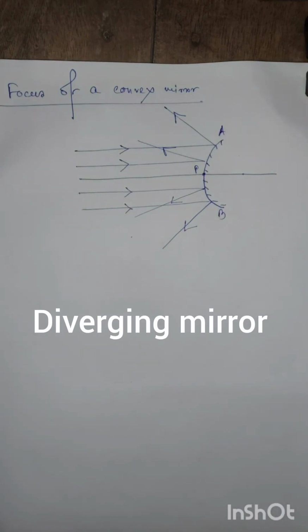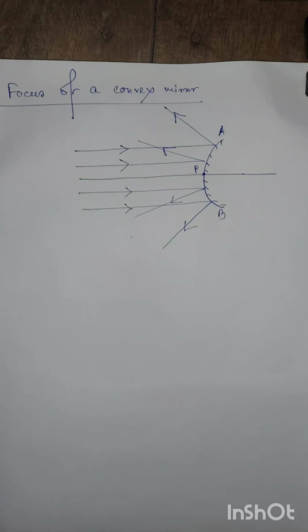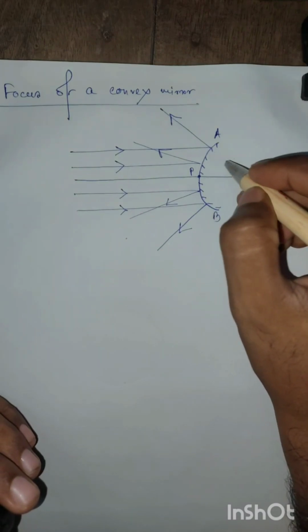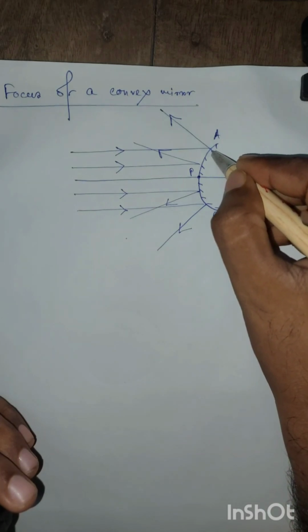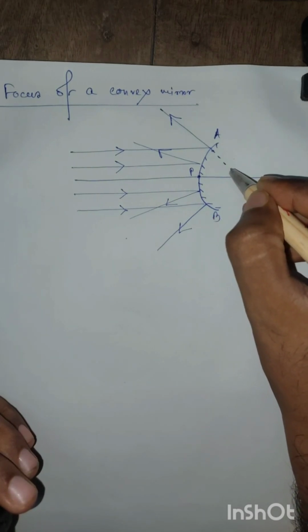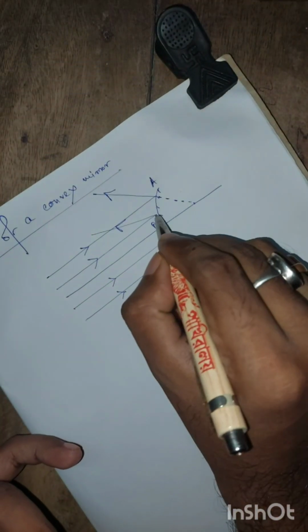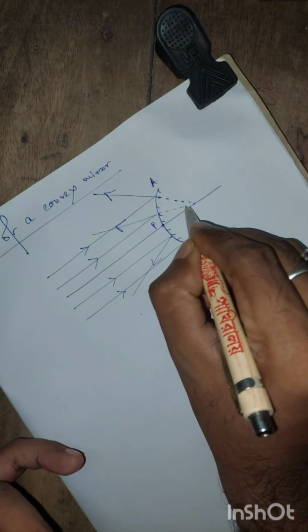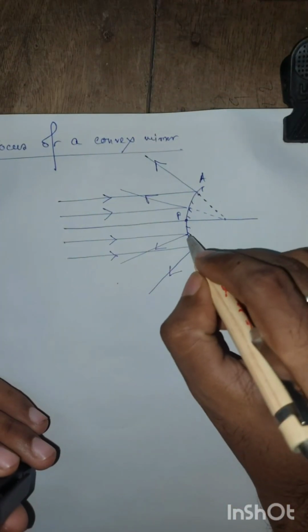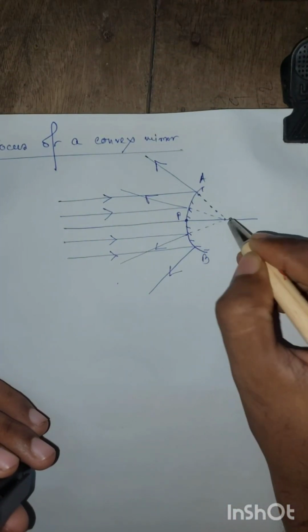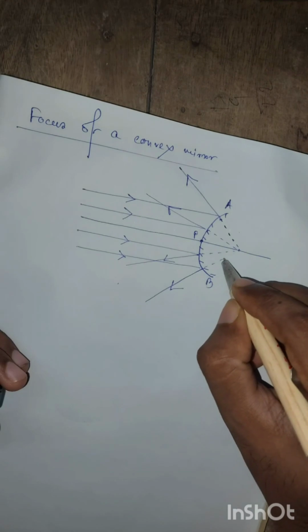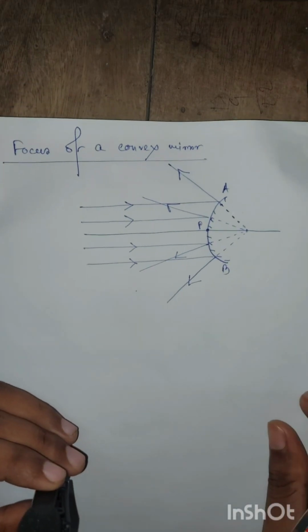So now if we drag these rays backwards, they will meet at a certain point on the principal axis.